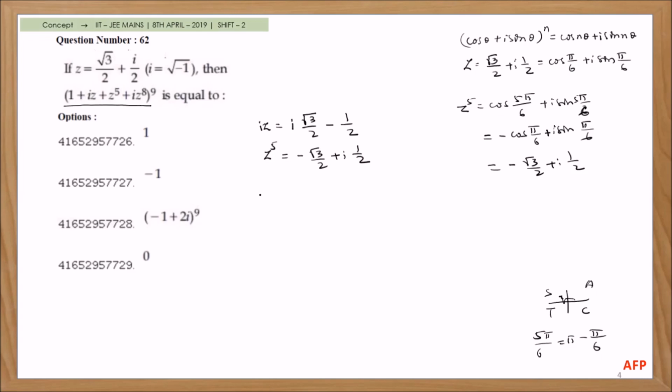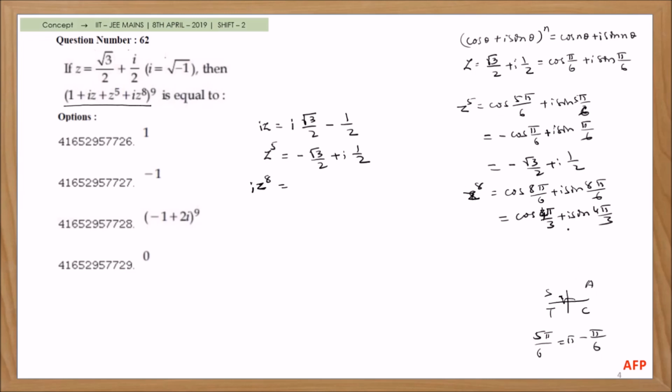Okay, now next i into z raised to 8. So z raised to 8 you can write it as cos 8 pi by 6 plus i sin 8 pi by 6. So this you can write it as cos 4 pi by 3 plus i sin 4 pi by 3.